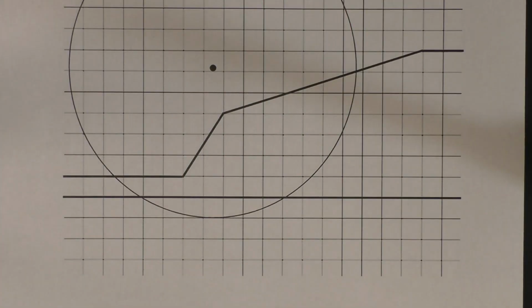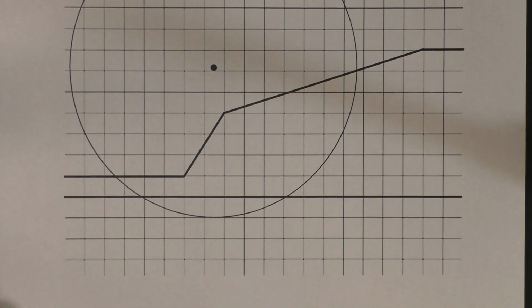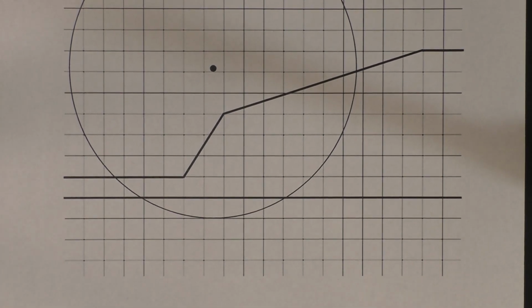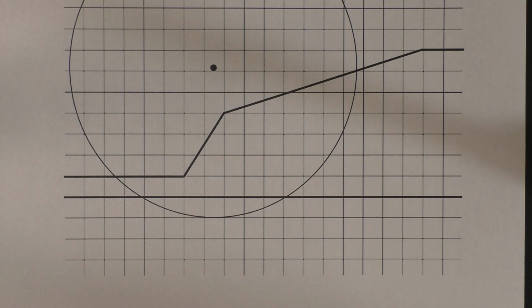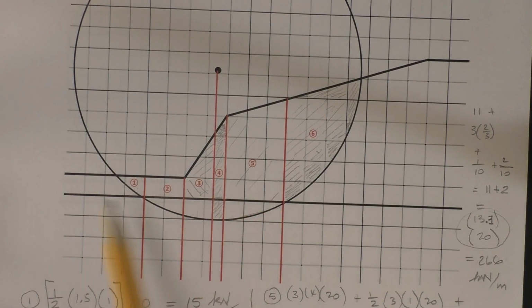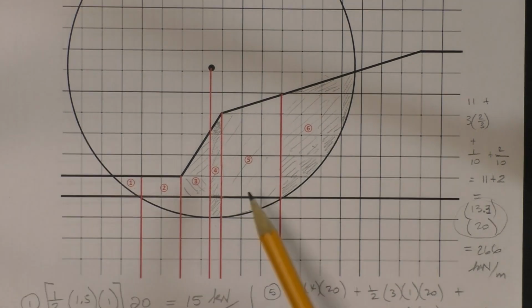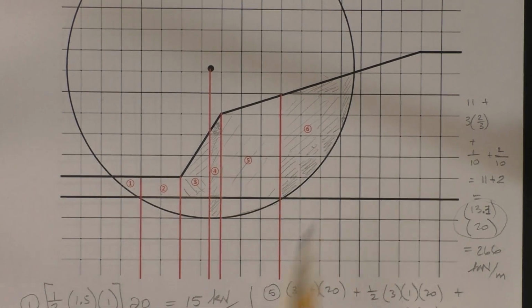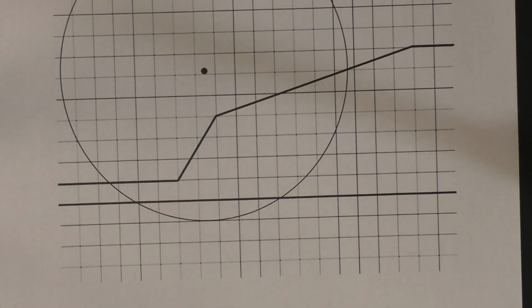Okay? Here is our slope again, and we have to recognize something right here. We know that 3 slices are resisting the failure, 1, 2, and 3 are resisting the movement of 4, 5, and 6. So that's good.